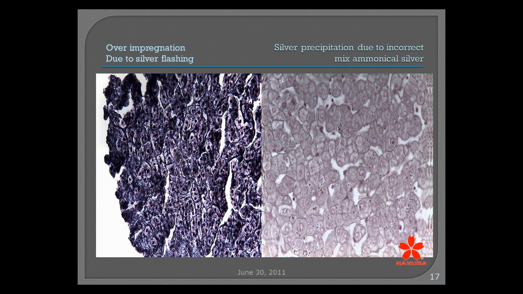On the right-hand side, we have this particulate right through here, the little small black guys, that are from your ammoniacal silver not being mixed correctly. Remember that when you mix that ammoniacal silver solution, you need to leave a little bit of turbidity in it in order for this to not occur. If you have too much turbidity or you allow your ammoniacal silver to go completely clear, then you may see these small little silver precipitates.